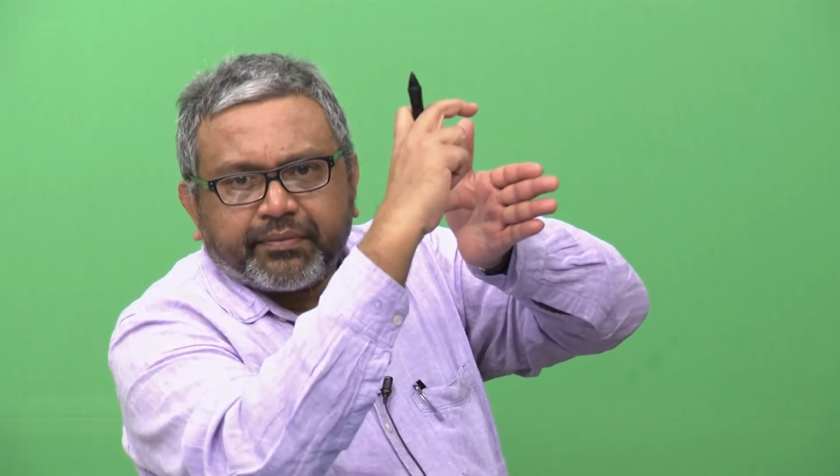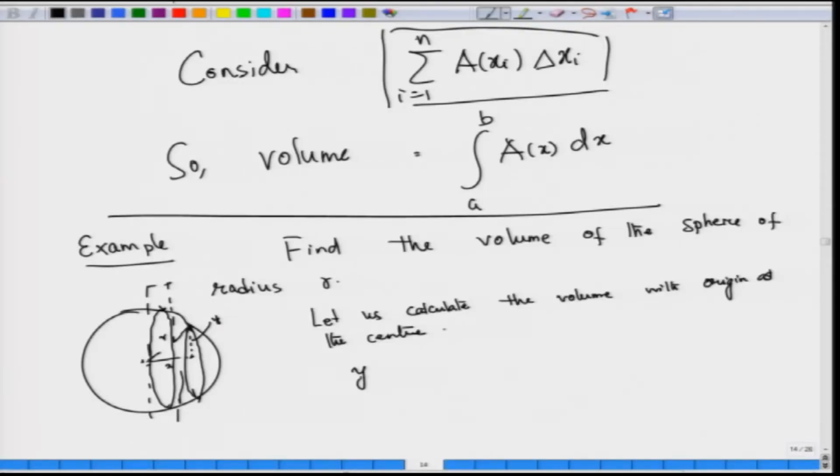You are getting a circle, a disk. What is the radius? The radius is nothing but y. Therefore, the area is going to be pi y square. By the Pythagoras theorem, y equals the square root of r square minus x square.